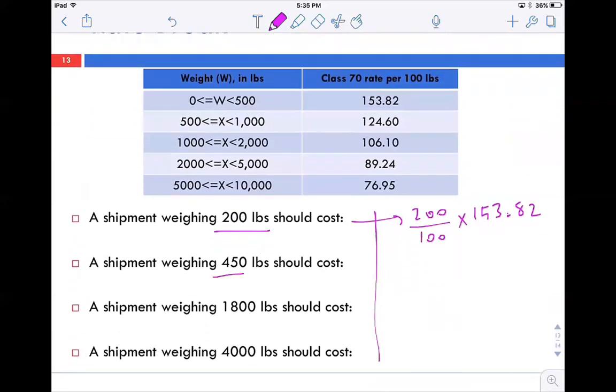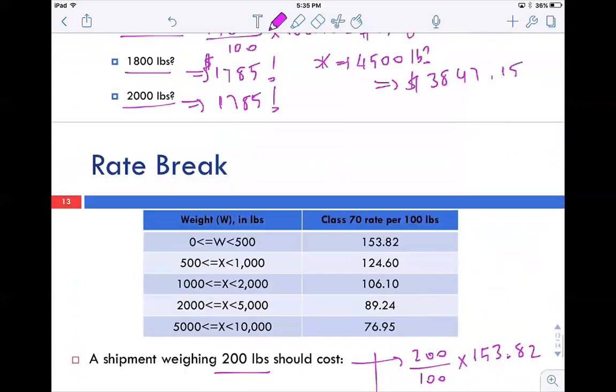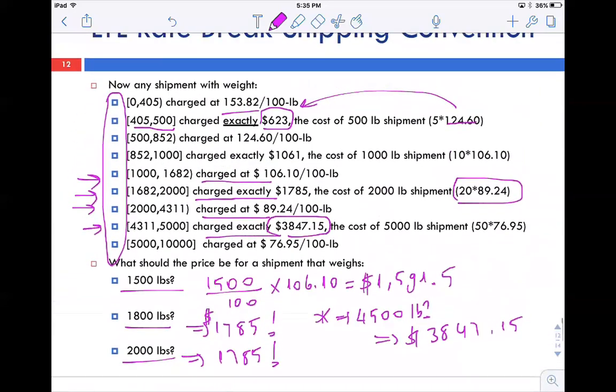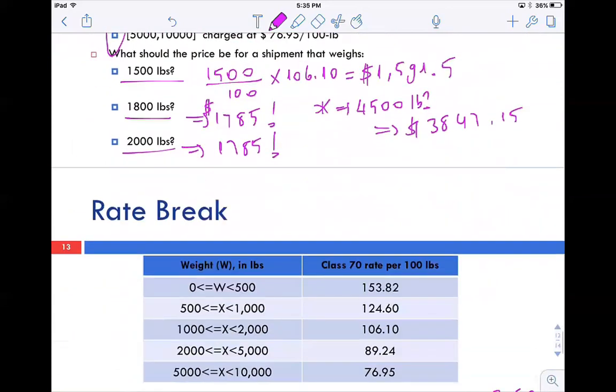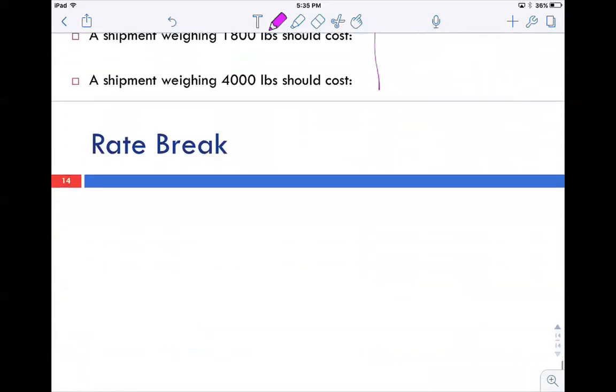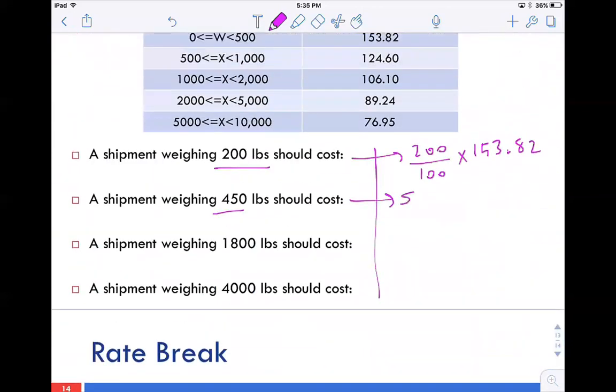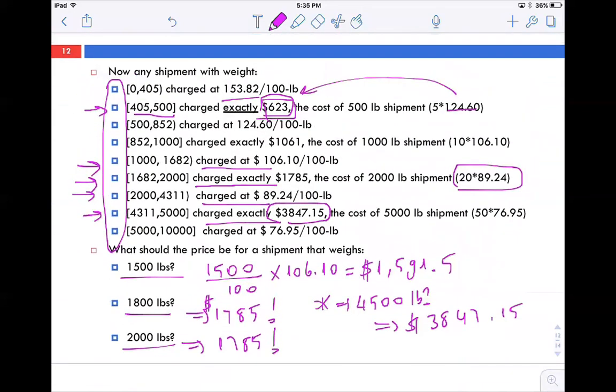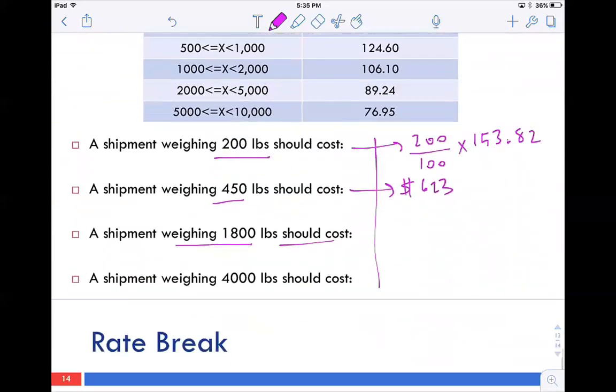And what about 450? Well, 450, we just did that, I guess, right? 450 is right here in this category, and it has to be charged exactly $623. And it says a shipment rating 1,800 pounds. In that case, we already answered that here, 1785.